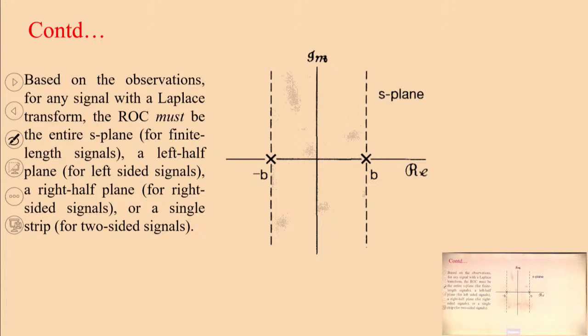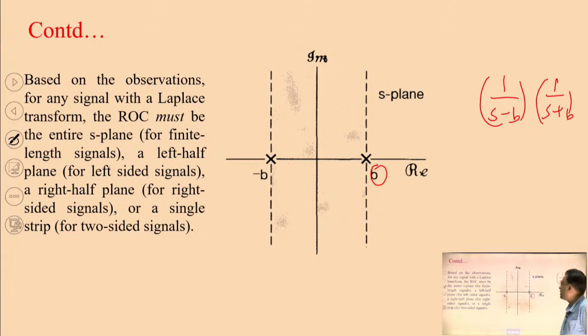Let us suppose 1 upon (s minus B) is the term contributing the pole at B, and 1 upon (s plus B) is the term contributing the pole at minus B. If the pole B corresponds to 1 upon (s minus B), then the ROC is for a causal signal, so it is right sided.